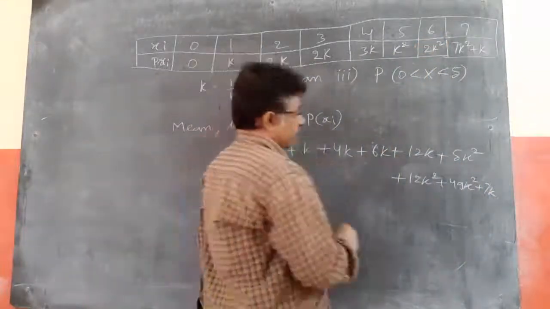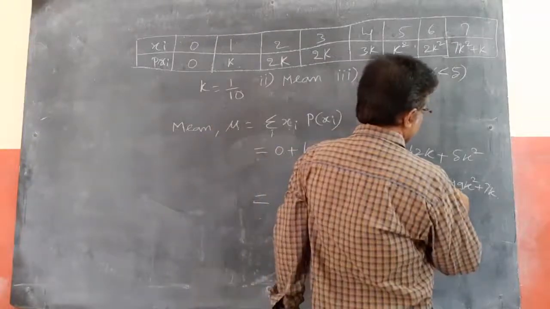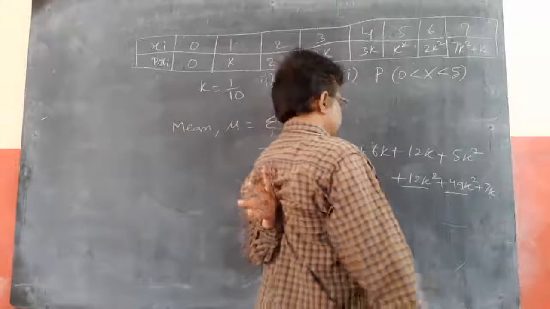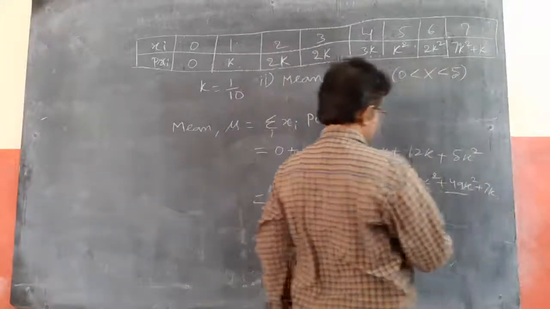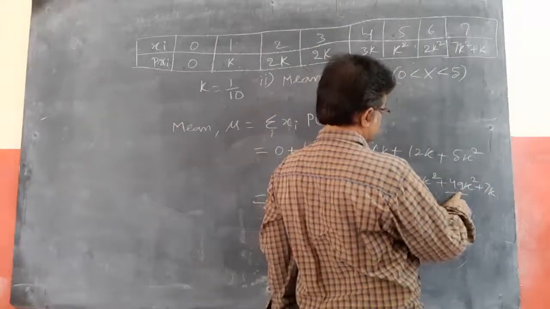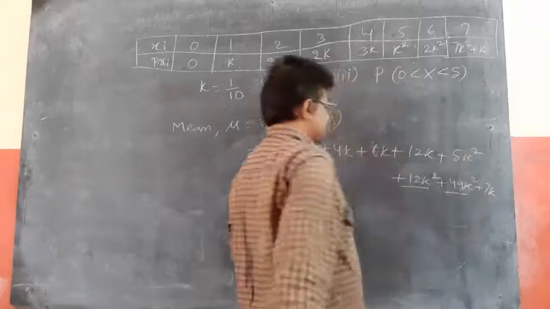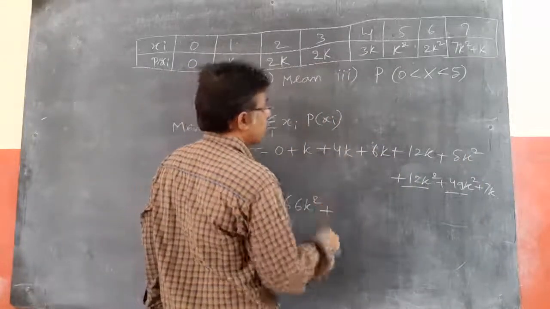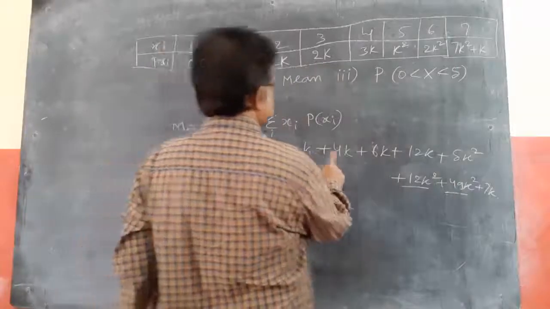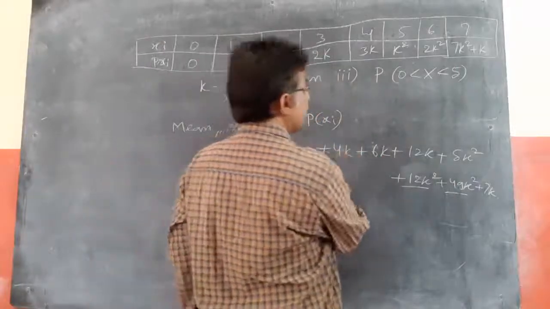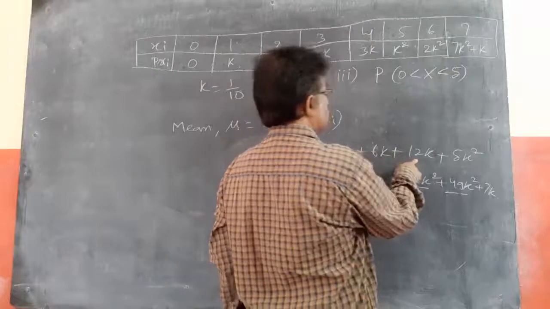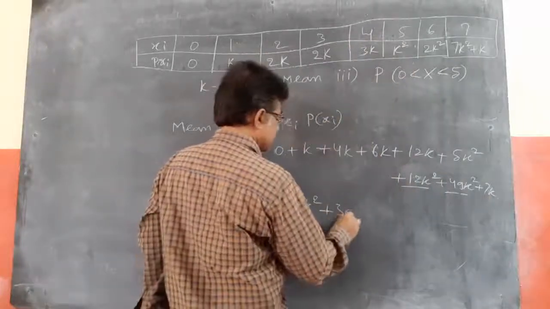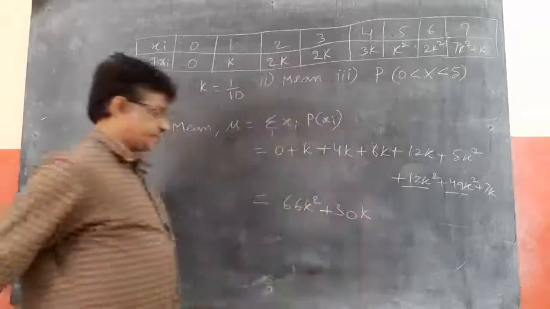First I will simplify. 12k square plus 49k square is 61k square, plus 5 is 66k square. Then this part: 1 plus 4 plus 6 is 11, 11 plus 12 is 23k, plus 7k, 30k.